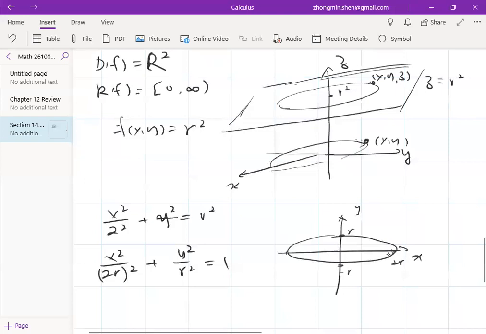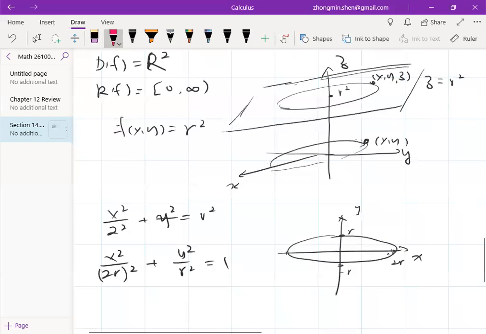Now imagine if you change the value of r, and the size of the ellipse changes. When r approaches 0, the ellipse shrinks to a point. So you will get a graph like that.